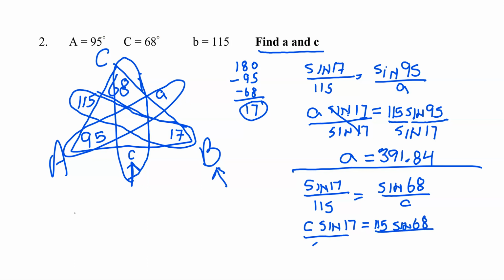Divide by sine of 17. And we wind up with C equaling 364.69. This is the law of sines. Hope you enjoy working it through.